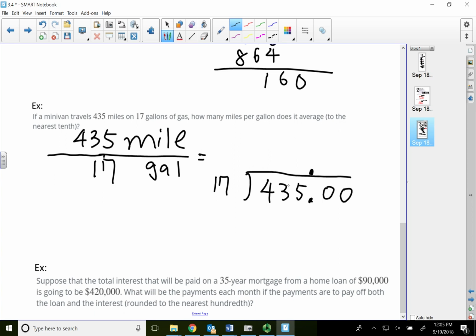So 17 going into 43 two times, which is 34. If I subtract, that's a 9. Bring down the 5. So I think 8 will be too big, right? 8 times 7 is 56. So 8 times 1 plus 5 is way too big. Let's try about 5 times. 5 times 7 is 35. Carry 3. 5 times 1 plus 3 is 8.